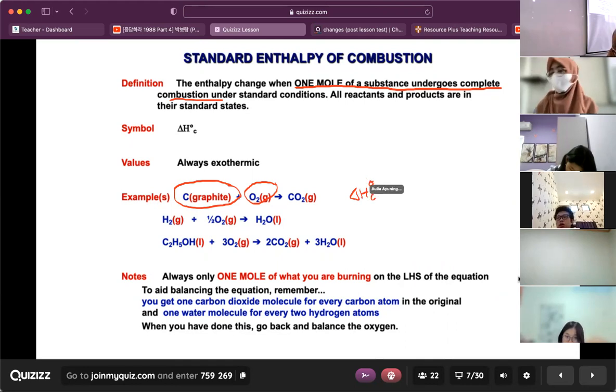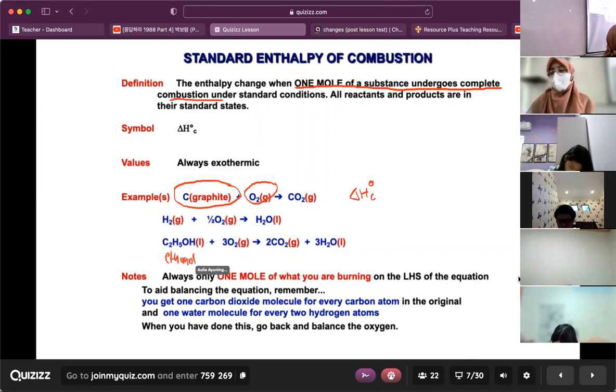The symbol of enthalpy change of combustion is delta Hc, and then the standard symbol, the circle with a theta-like mark. So that is enthalpy change of combustion. What about if you have methanol? Ethanol here, so this one is ethanol.